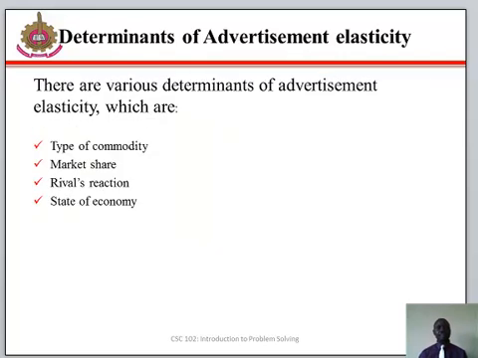Determinants of advertisement elasticity. There are various determinants of advertisement elasticity of demand, which are type of commodity, market share, rival reaction, and state of economy.